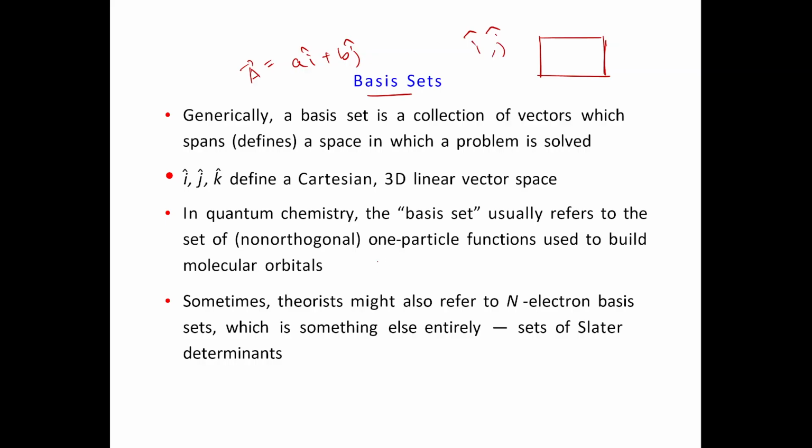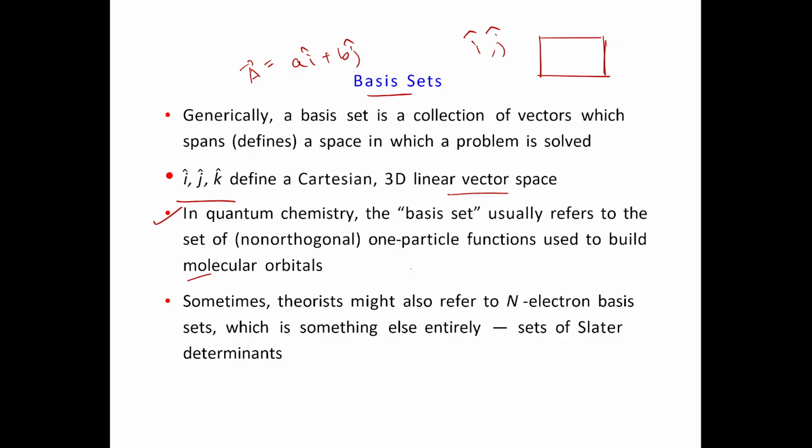So here it's saying that a basis set is a collection of vectors which spans or defines a space in which the problem is solved. For the three-dimensional case, we have three vectors i, j, k, which define a Cartesian or 3D linear vector space. In the linear algebra class, I have mentioned this. Now in quantum chemistry, the basis set usually refers to the set of non-orthogonal one-particle functions used to build a molecular orbital.